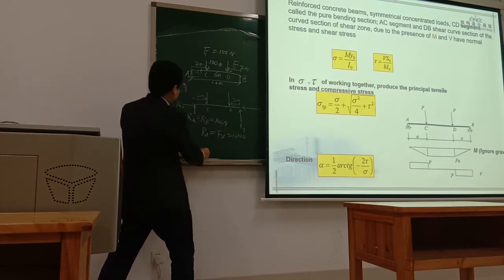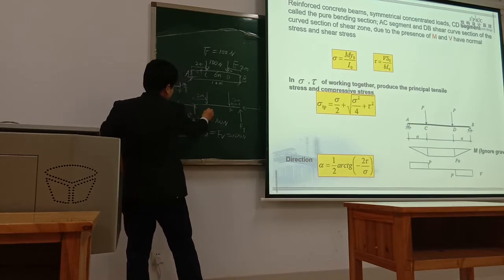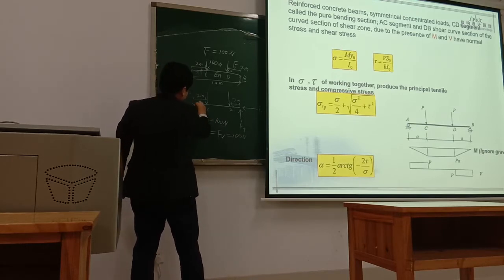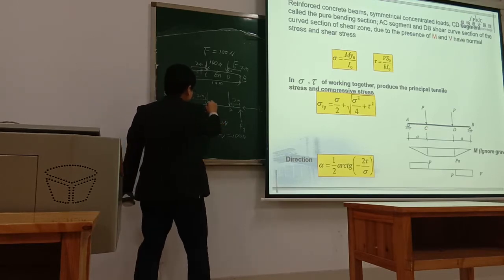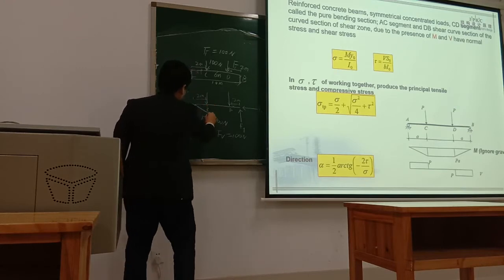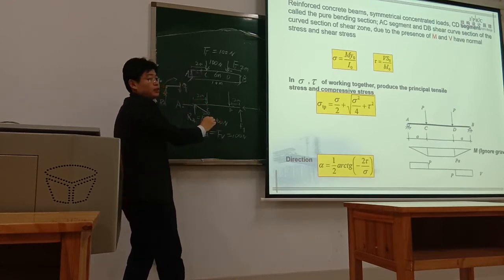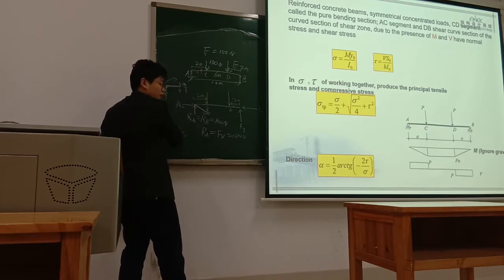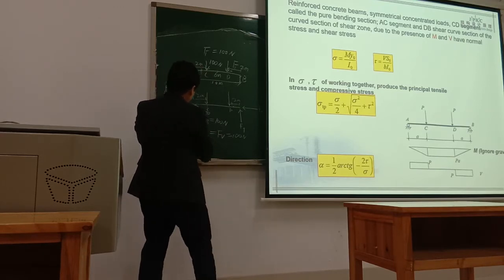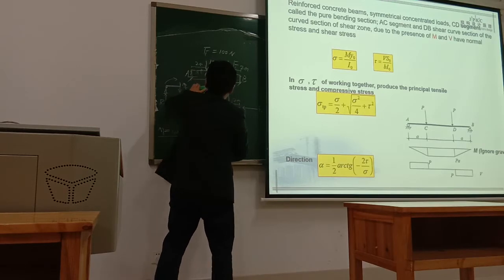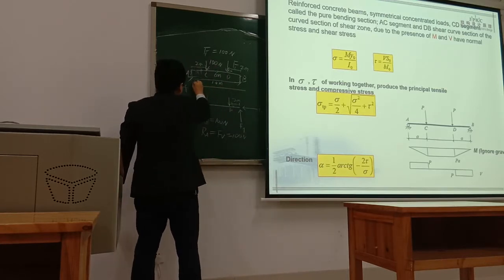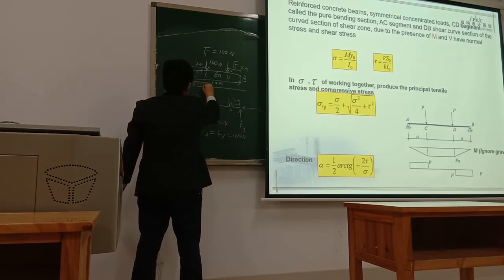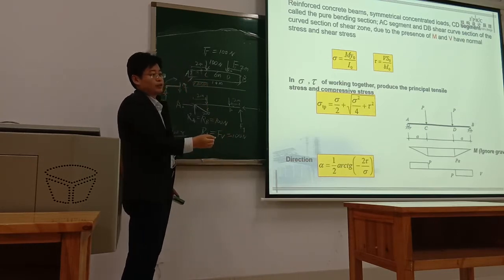If you draw the moment in the AC section, it is a straight line increasing, and when it reaches C it reaches 200, because 100 times 2 meters is 200. Now we draw the shear force. For the AC part, the shear force is constant, equal to 100.